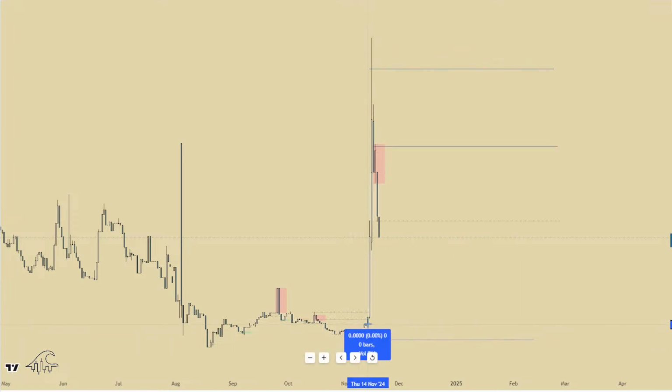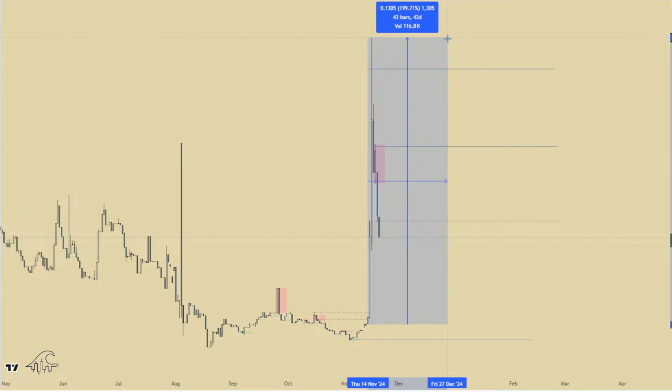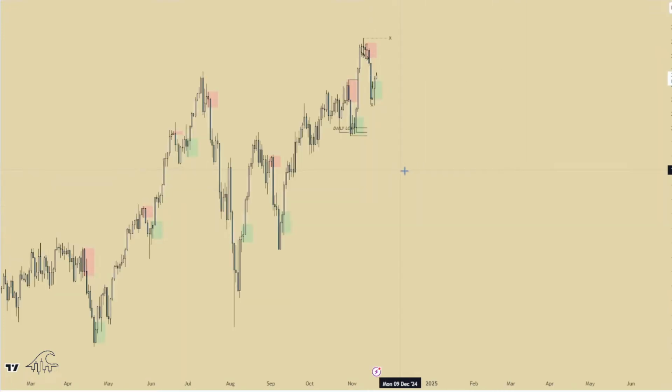Same from here up to the high, 200%. So we're talking pretty big gains over a very short period of time. I think a lot of people got in and out for that short-term win. Whether they'll be able to actually maintain that again, I don't know.